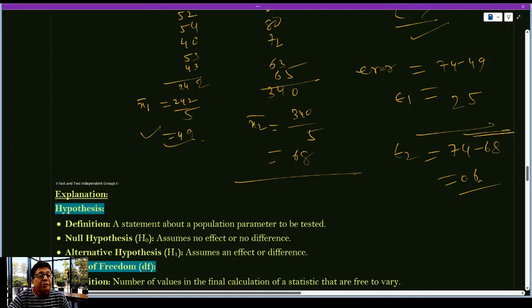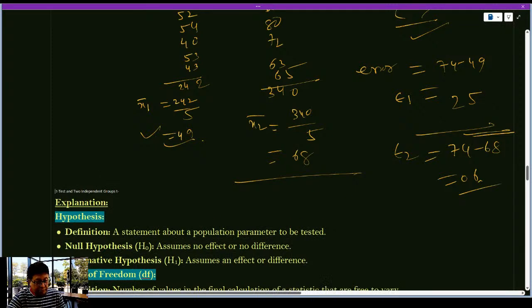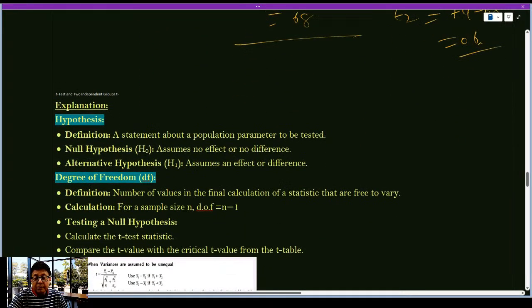Now we are going for hypothesis testing. What is that? In hypothesis testing, you will first do the sampling. Step 1 is to do the sampling. Step 2 is to find the sample mean, variance, whatever is required, because you are going to predict about the population.